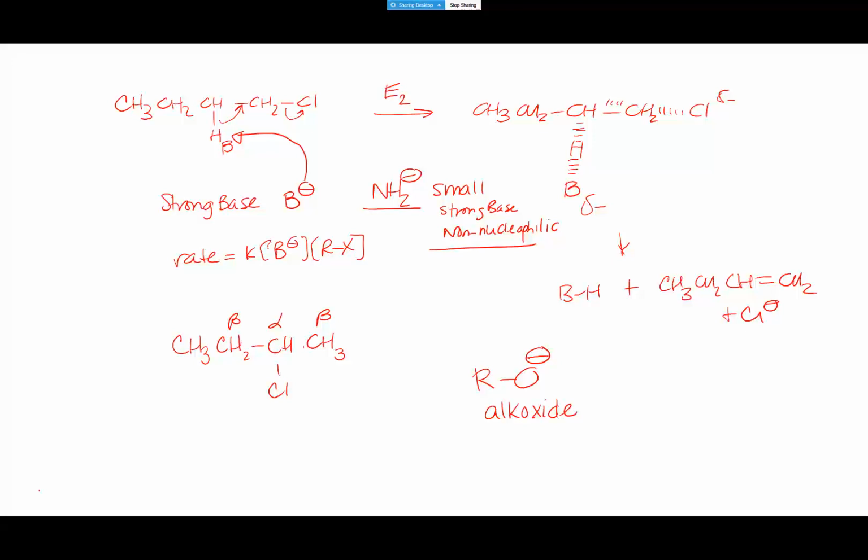Problem with alkoxides is our favorite alkoxides are things like CH3O-, which comes from methanol, which is called methoxide, or CH3CH2O-, which is called ethoxide. And sadly, your book uses these. They kind of use it as a substitute for NH2-.